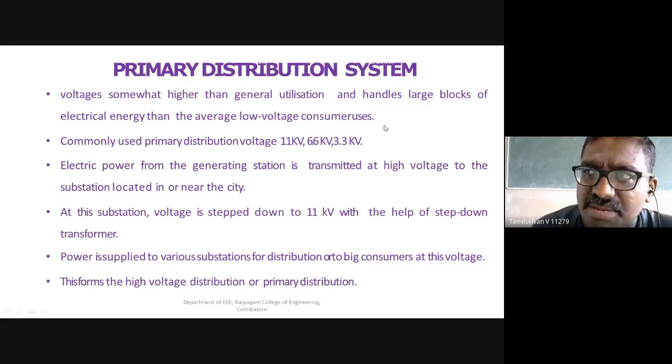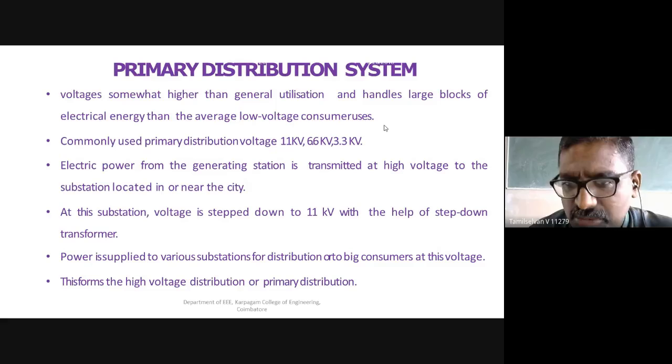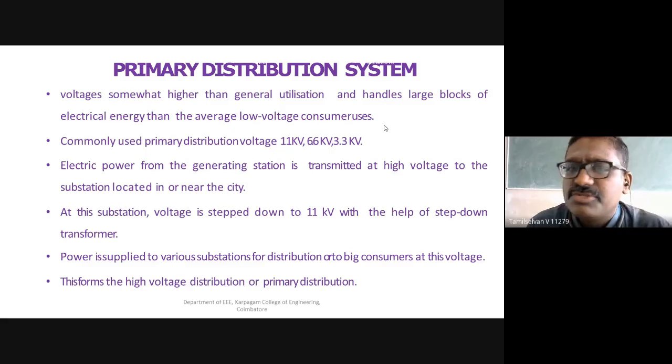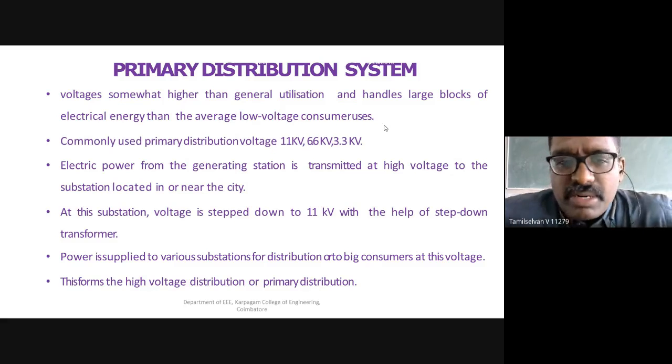The industrial consumers, or bulk consumers, are connected only to the primary distribution system, where they use a voltage level of 11 kilovolt, 6.6 kilovolt, or 33 kilovolt. If you take our institution, we are connected to the primary distribution system, and we have our own secondary distribution system to distribute the power.